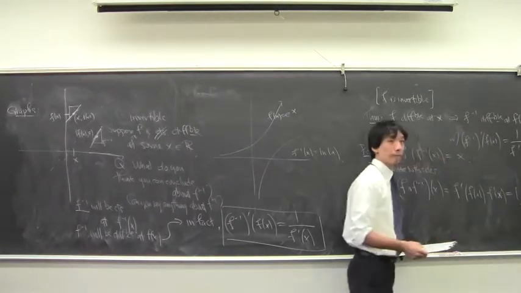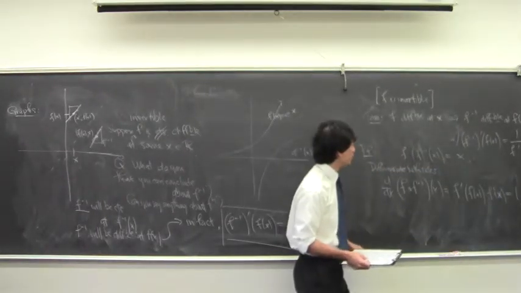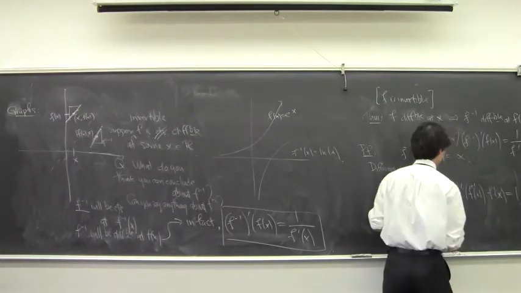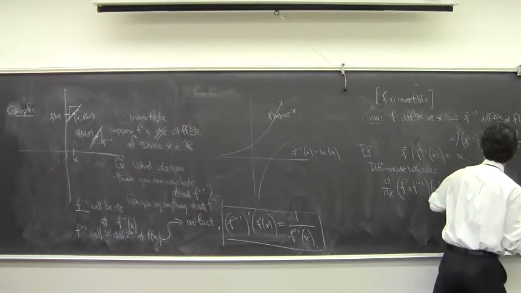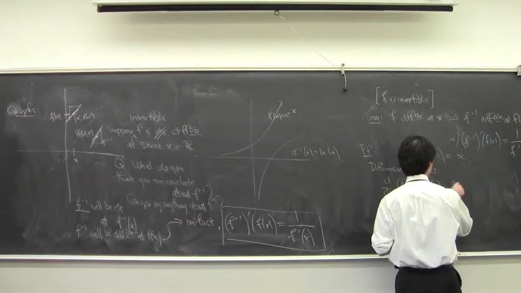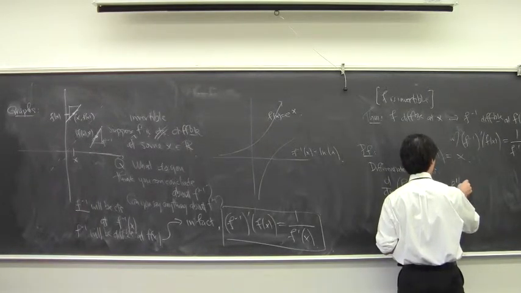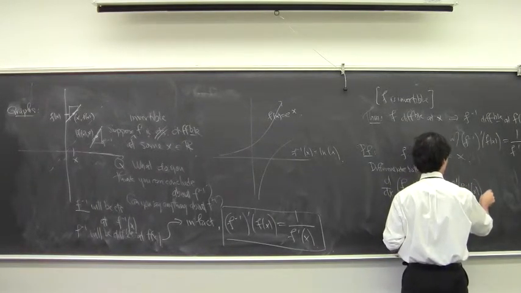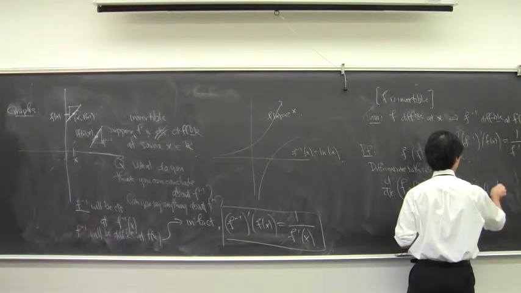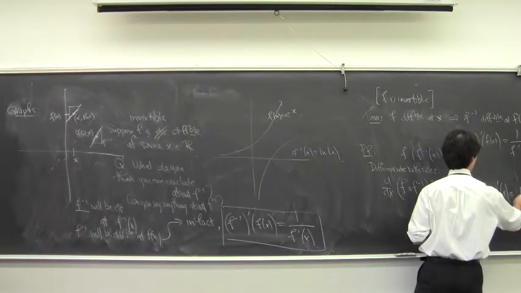Where did your f inverse go? Oh, I'm sorry. This should be the derivative of the outside guy evaluated at the inside, times the derivative of the inverse of the inside guy.